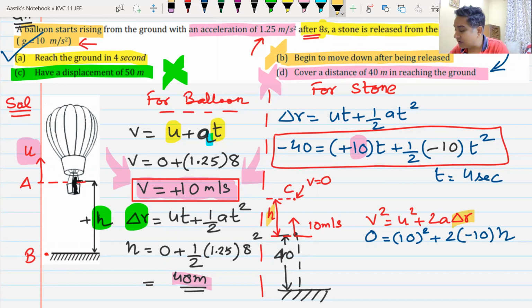How high will the stone go further? Can you tell me what is the value of this h that we are getting? What is the value of h that we are getting?